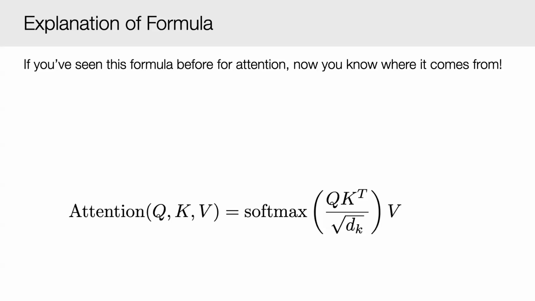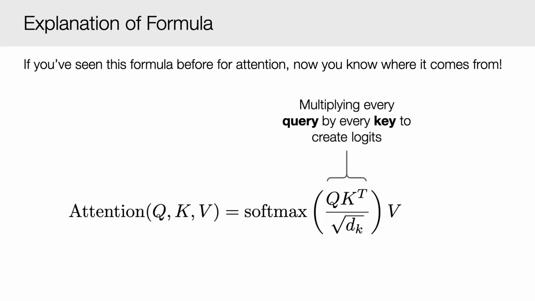Lots of questions. Okay, so just real quickly, you've seen this formula before. If you read a textbook, it says attention is a function of the K, Q, V, and there's some big messy equation. I'll break it down. You have the queries multiplied by the keys, and this is what creates our logits. Then we normalize this by dividing by the square root of the dimensionality.